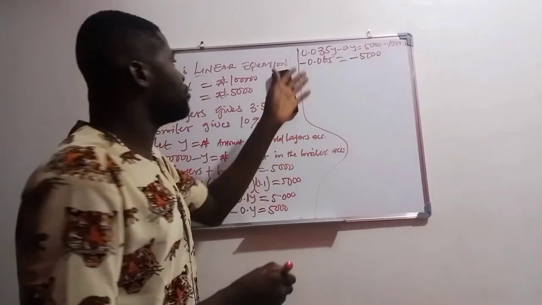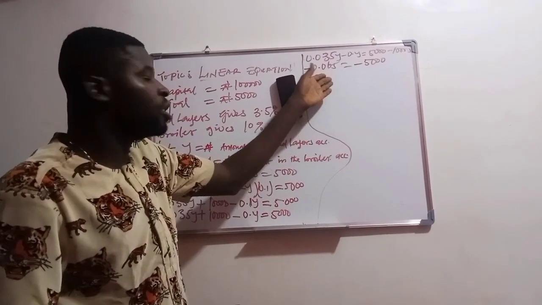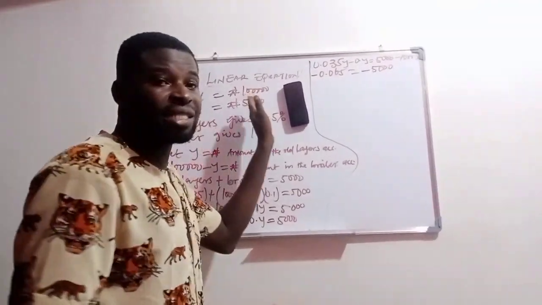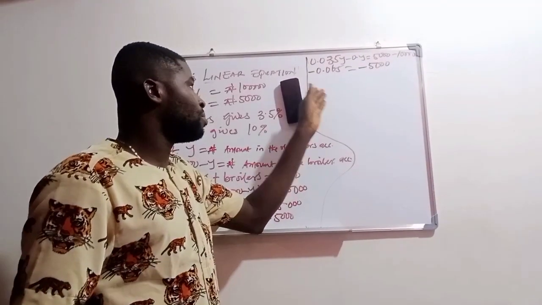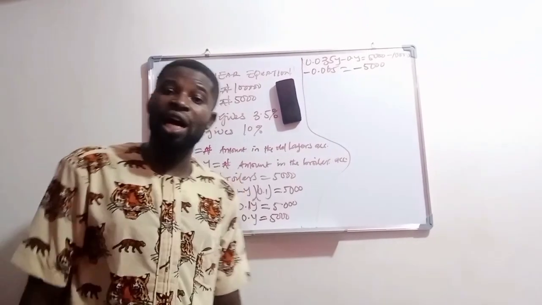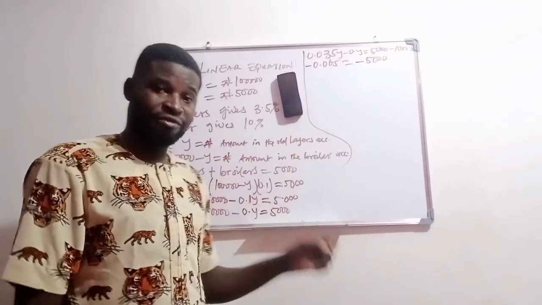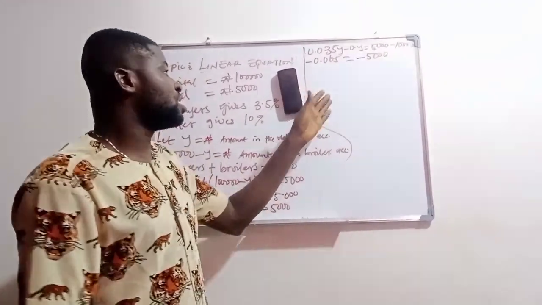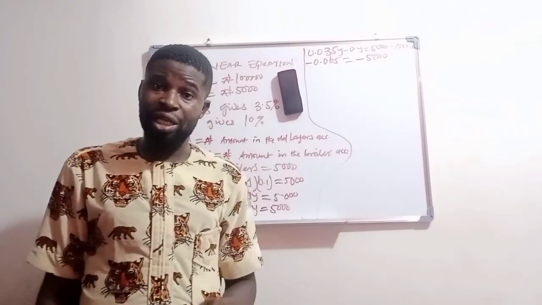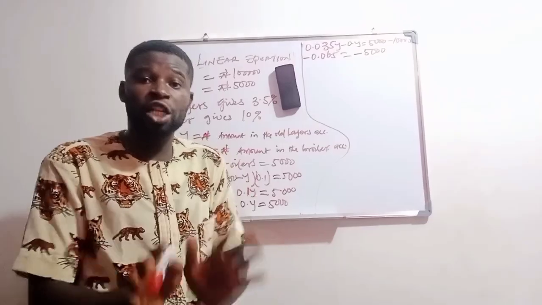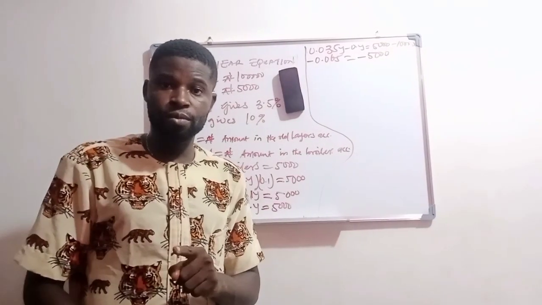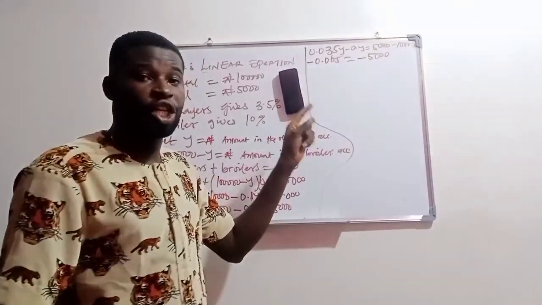Now, from this step, you discover that on our left-hand side we have minus 0.065y and on our right-hand side we have minus 5,000. Since both of them have minus, they will cancel each other. But to simplify it and make it look more beautiful, you multiply minus in both sides of the equation.